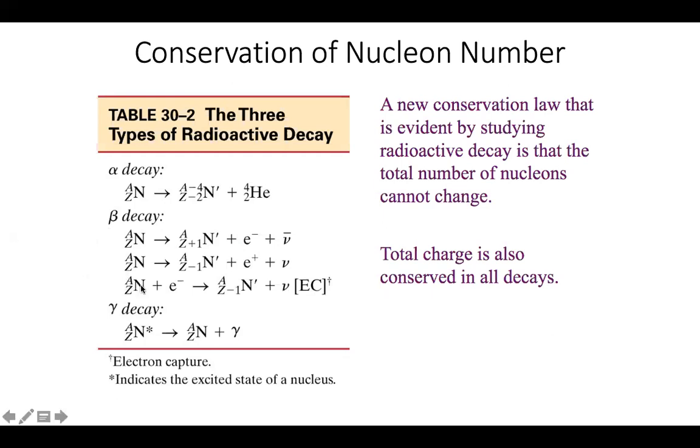So you can read about electron capture in beta decay in the textbook. I read it again, and I'm still not convinced I understand. And then finally, gamma decay. That's just a summary of what we just went through. Okay.